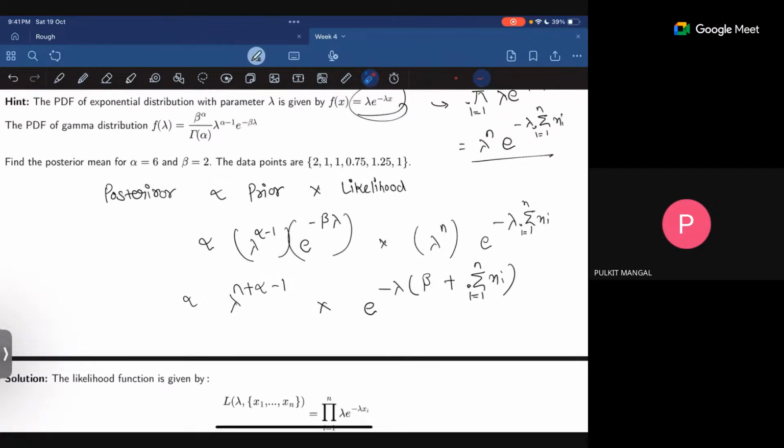Is it gamma again? Compare it. Lambda power alpha minus 1, then e power minus beta into lambda, so e power minus lambda into that. So if you start with exponential distribution, by choosing gamma distribution as your prior, the posterior distribution is also gamma distribution.